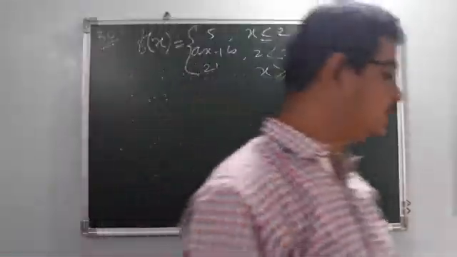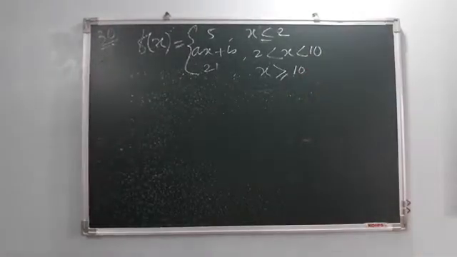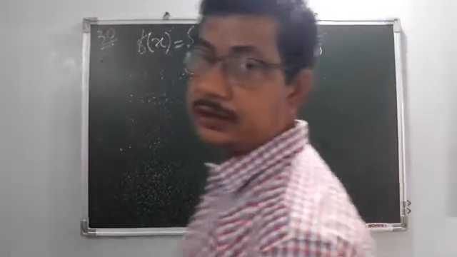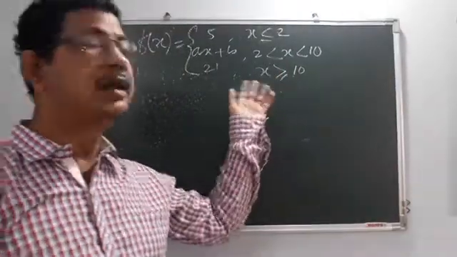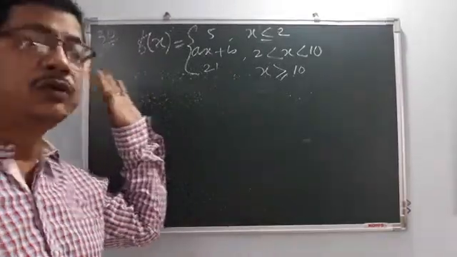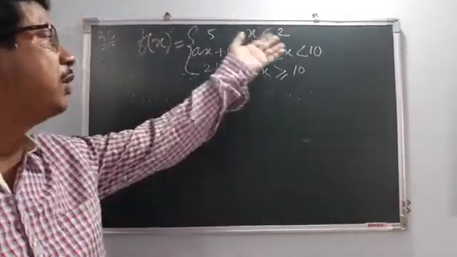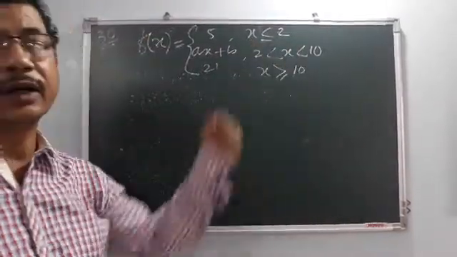Here students, you see that all the real numbers they have given. All real numbers less than or equal to 2, then greater than 2 and less than 10, then 10 and more. So you find the total real line is given here and it is divided in three parts: first part, second part, third part.